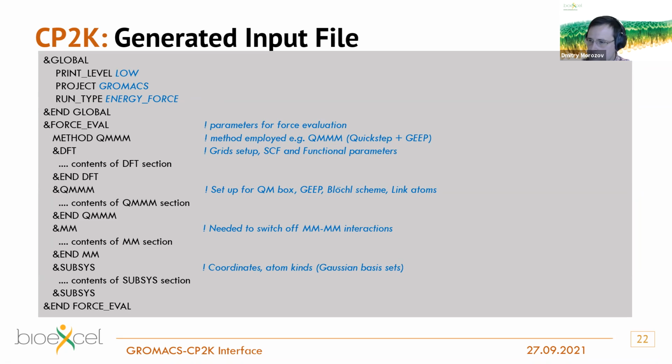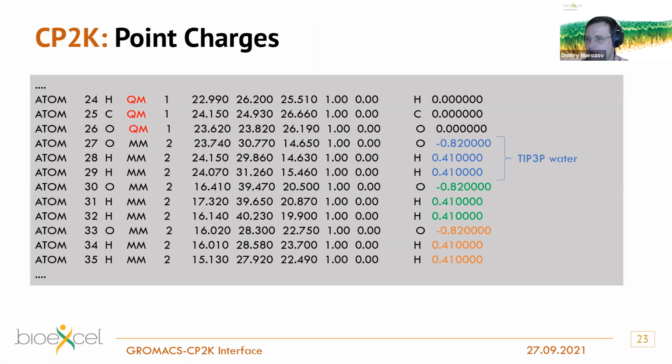In that section, we switch off all MM-MM interaction calculation in CP2K, like non-bonded, Coulombic interaction and Lennard-Jones interaction and so on. And here, of course, we provide basis set and so on. Actually, not coordinates, atom kinds mainly, because coordinates are provided via an external PDB file.